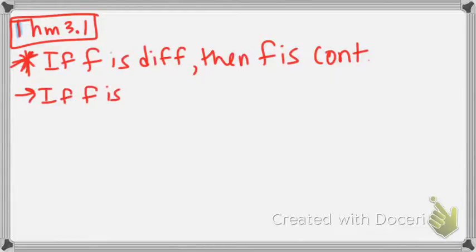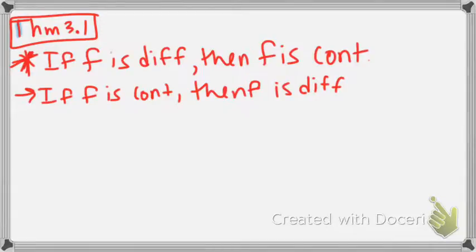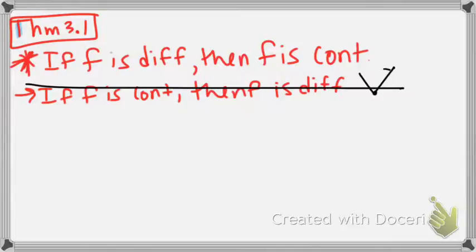If f is continuous, then is f differentiable? So just because you're continuous at every point, does that mean you can find the derivative? Well, and again, in class we talk about this a lot. But no, think about those sharp points. I'm continuous there, but I'm not differentiable there. So this actually won't work. Don't erase it, cross it out, knowing that won't work.